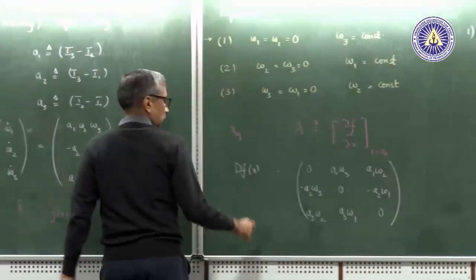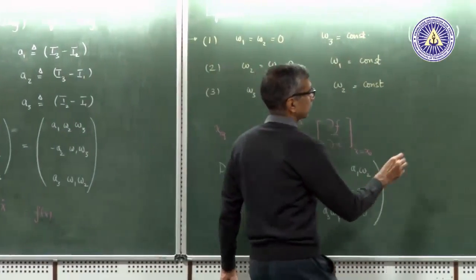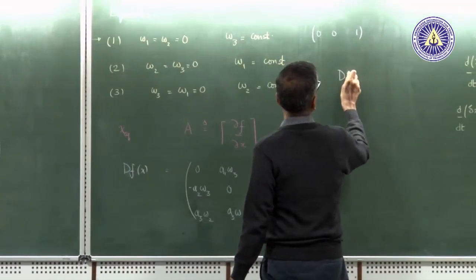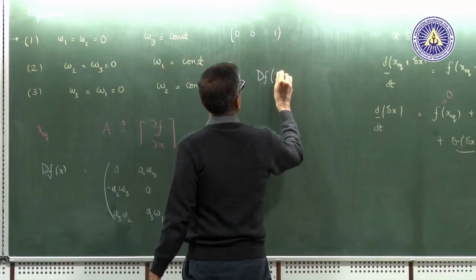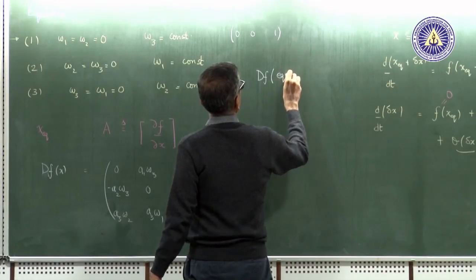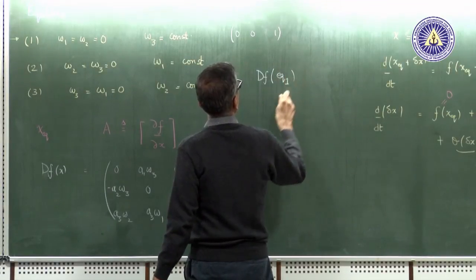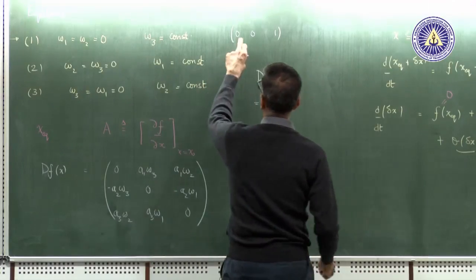Please stop me if you are not clear about what I am doing. Evaluated at, let me call this equilibrium 1, that is 0, 0, 1.